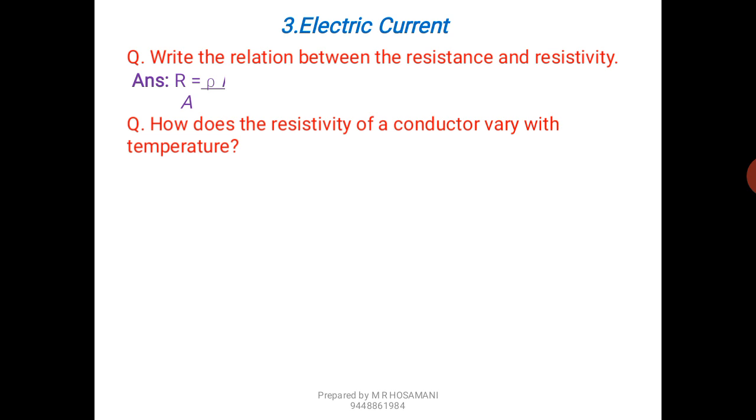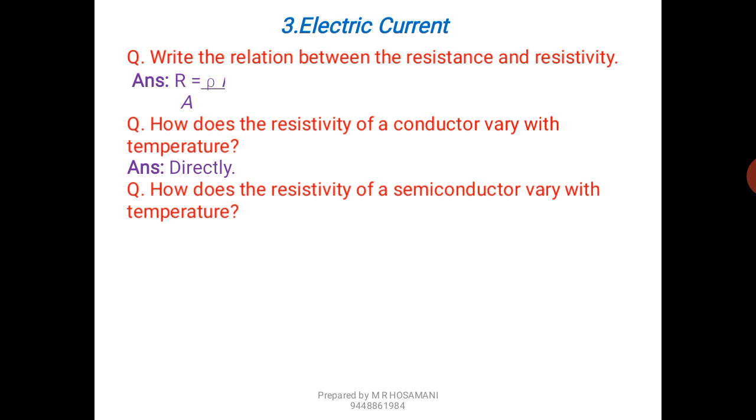So the next question is, how does the resistivity of a conductor vary with the temperature? Directly proportional. As the temperature increases, resistivity also increases.